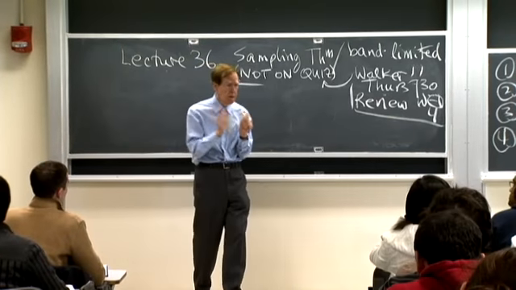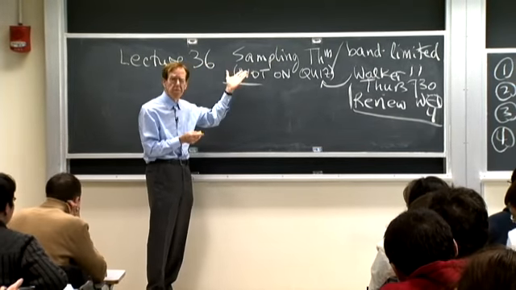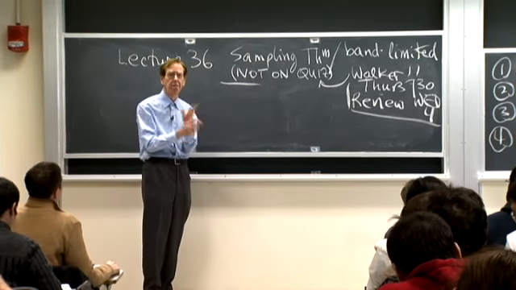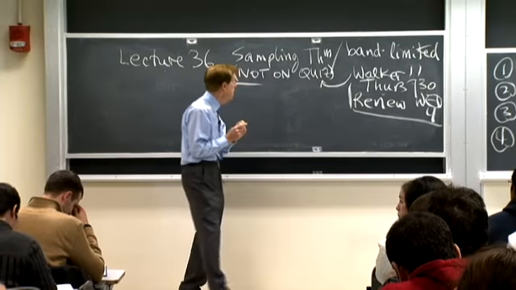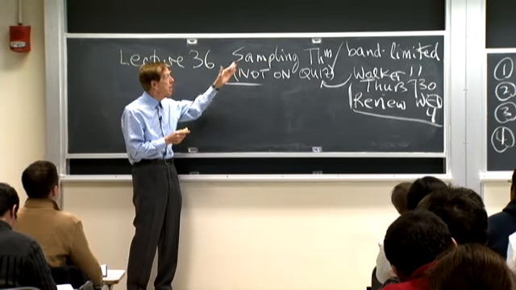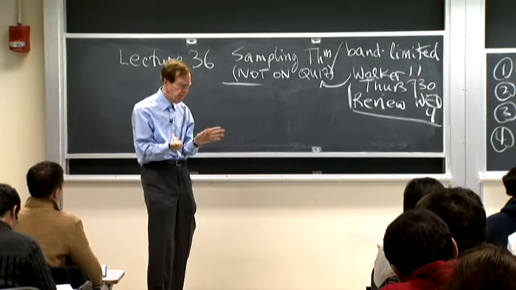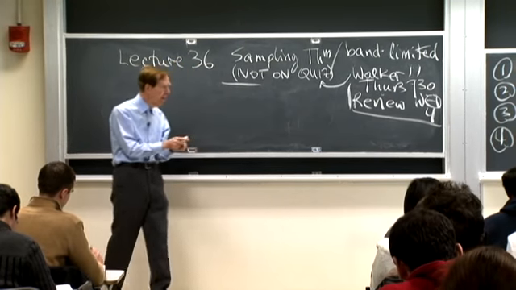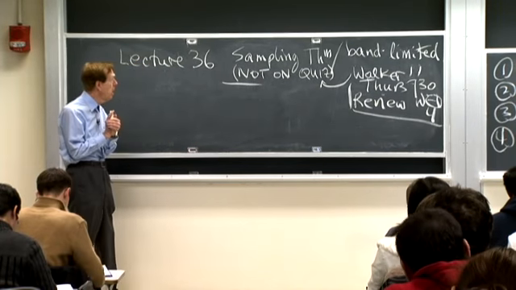I thought I'd discuss today a topic that involves both Fourier series and Fourier integrals. It's a kind of cool connection, and it's linked to the name of Claude Shannon, who created information theory, who was a Bell Labs guy and then an MIT professor.